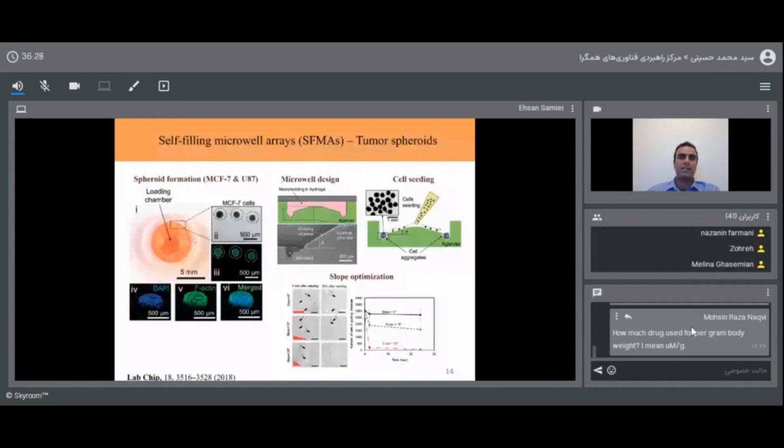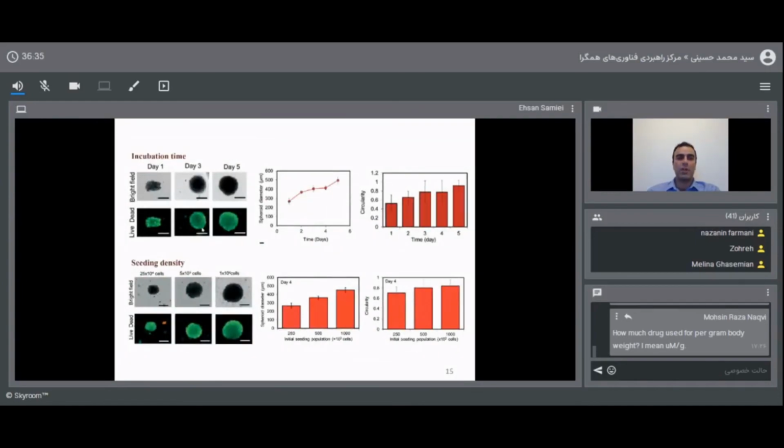The size and the circularity of the tumor spheroids were analyzed over different incubation times as well as seeding densities. As the incubation time increases, the cells gain better circularity because of the unique design of the microwell, and their size also increases. We also observed that seeding density could be used as a parameter for tuning the tumor spheroid size, depending on the desirable size of the spheroid.